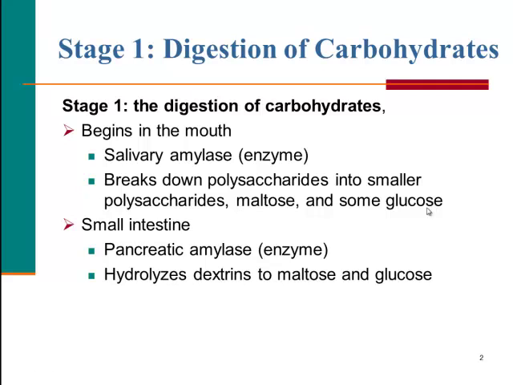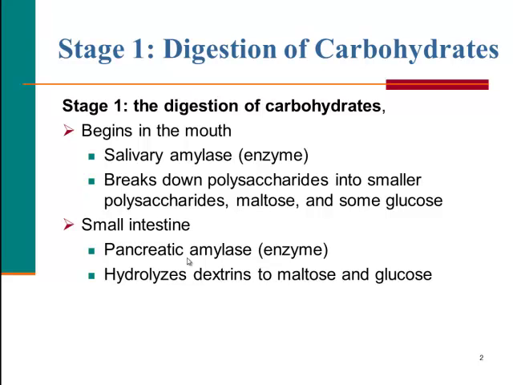Now the rest of the digestion of carbohydrates is going to happen in the small intestine, where an analogous enzyme that's secreted by the pancreas will serve to continue to digest the starches or the polysaccharides that we eat.